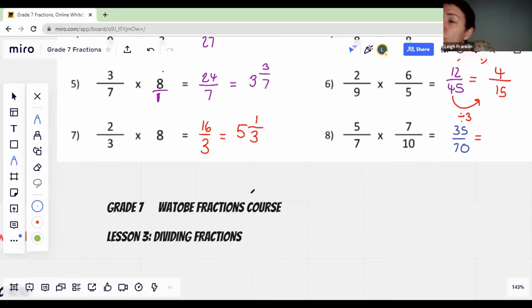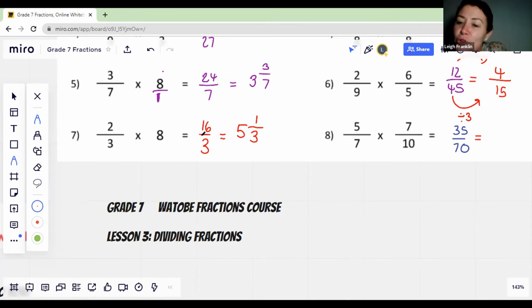Stembiso, what would you divide by? I'll also divide by 5, ma'am. You also divided by 5. And Jabulo said, ma'am, you also tried that. Do you know that there's a much bigger number that we can divide by? 10? 1 half. That's correct. The answer is going to be a half. Okay, so 35 is half of 70.